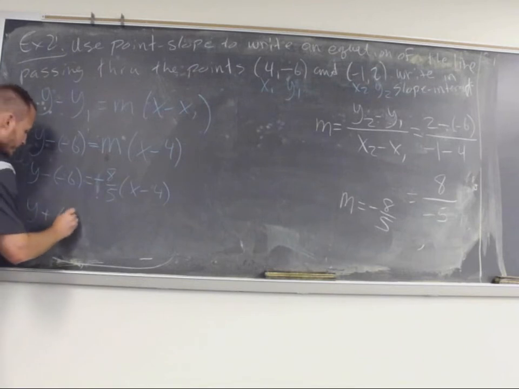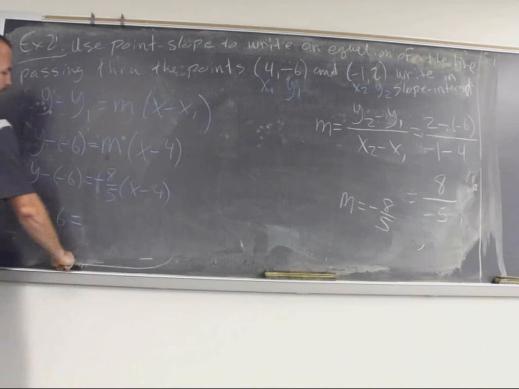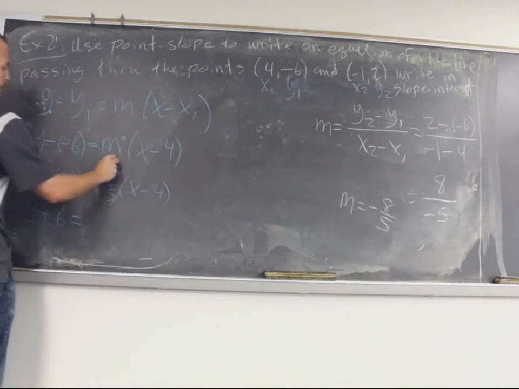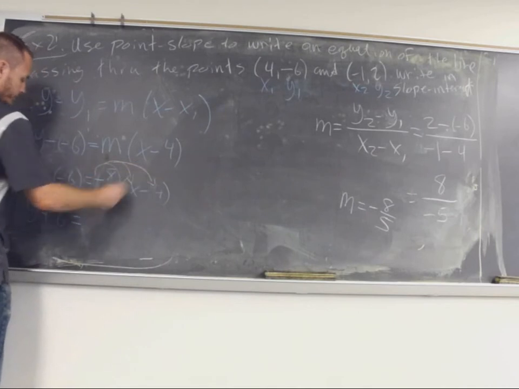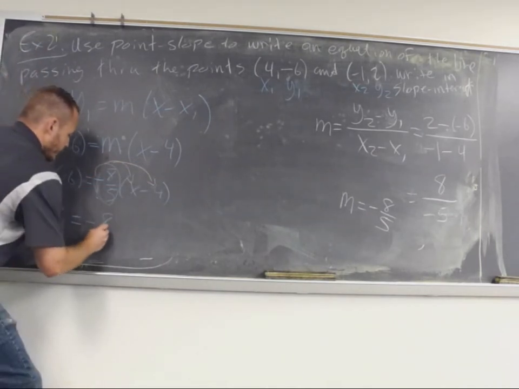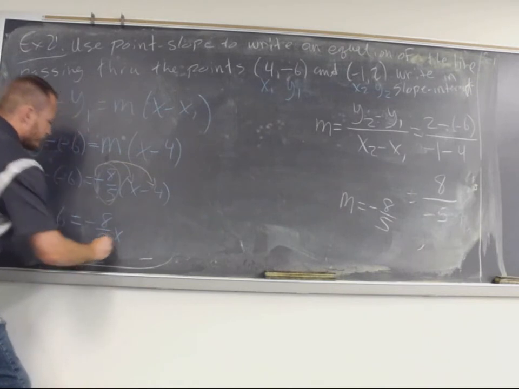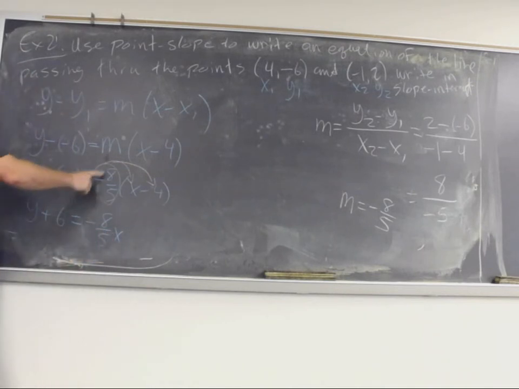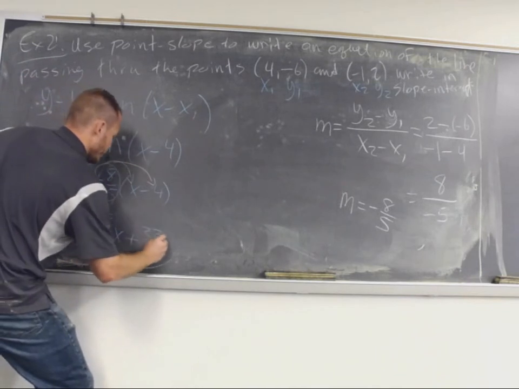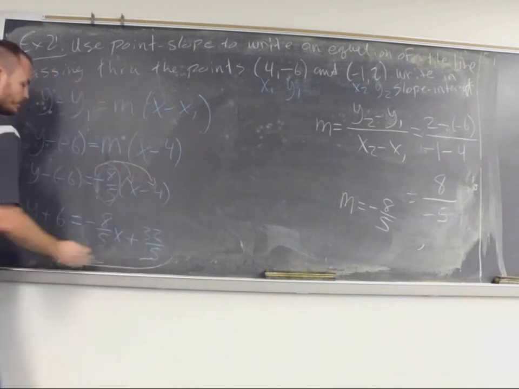Y plus 6 is equal to, and we have to distribute this negative 8/5. We have to distribute this whole thing into each of these terms, the x and the 4. So I get minus 8/5 x, and then negative 8/5 times negative 4 is a positive 32/5.